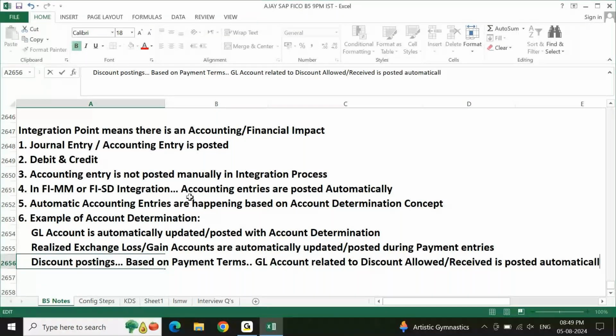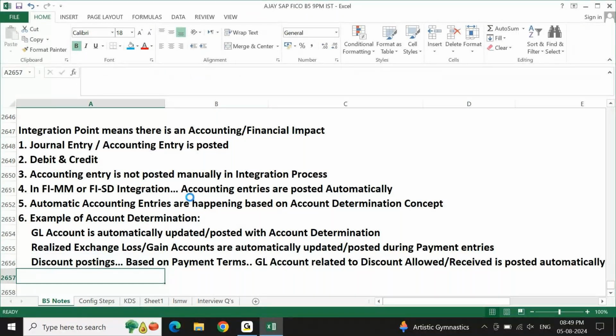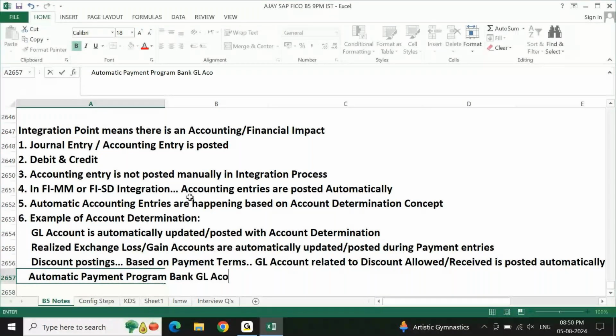This is another point that we need to understand, and the other one is, let me write, automatic payment program bank GL account. Okay, based on the app config, bank outgoing GLs are auto posted or auto updated.